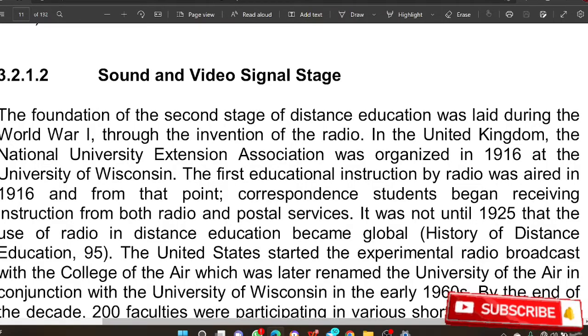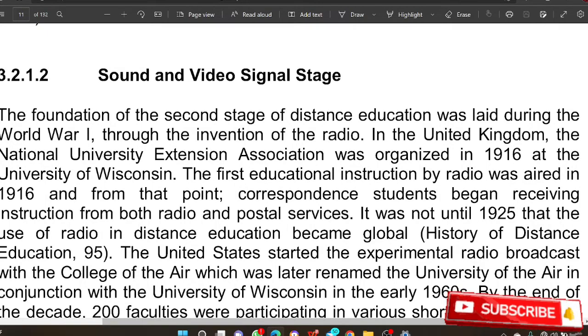I think that explains it. The National University Extension Association was organized in 1916 at the University of Wisconsin. Wisconsin is spelled W-I-S-C-O-N-S-I-N. The first educational instruction by radio was heard in 1916.